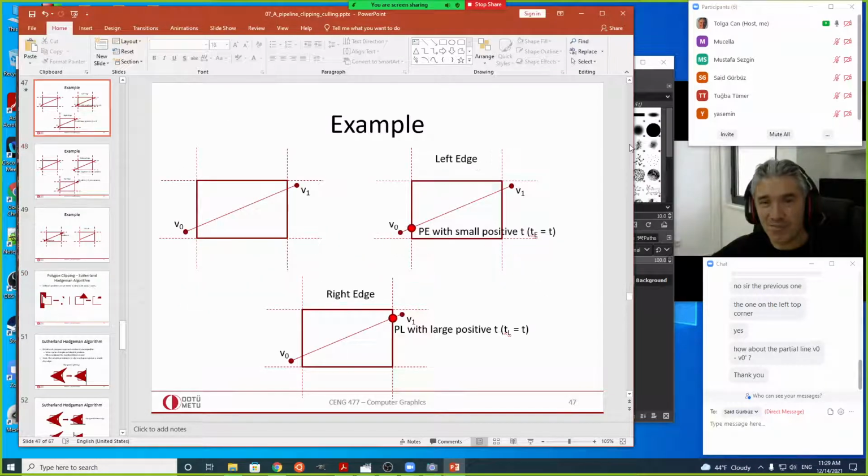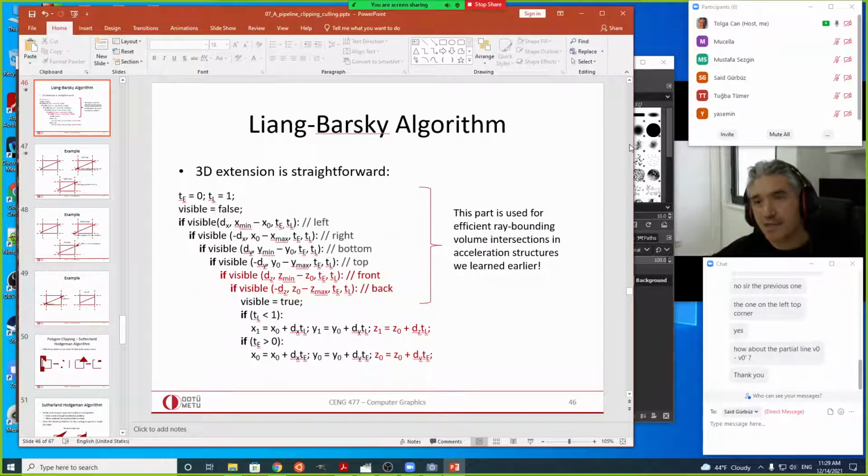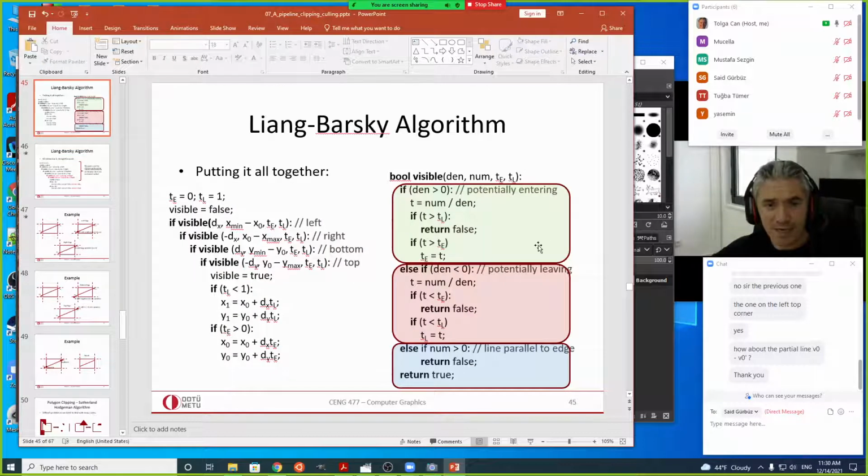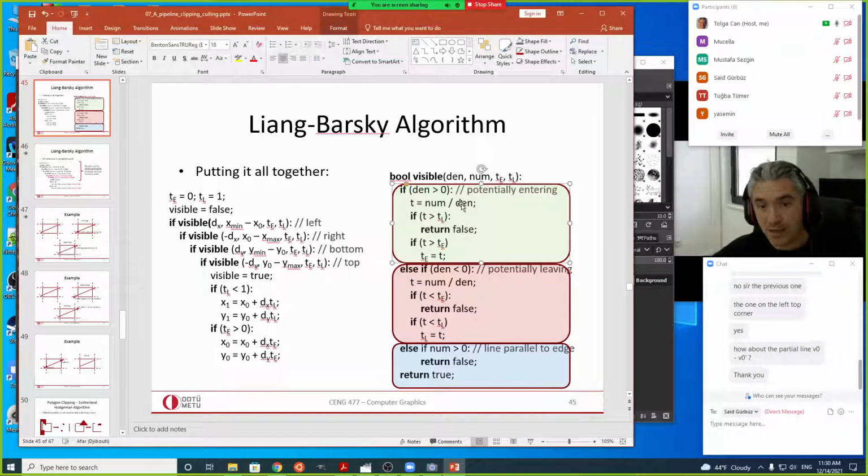But in short, the Liang-Barsky algorithm uses parametric line equations, and it computes the intersection point. So you may argue, well, how can it be more efficient than Cohen-Sutherland? Because for every clipping boundary, we are doing a division and computing this t value, and we are finding an intersection.